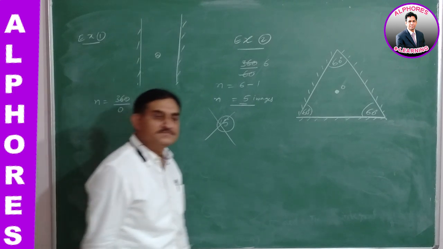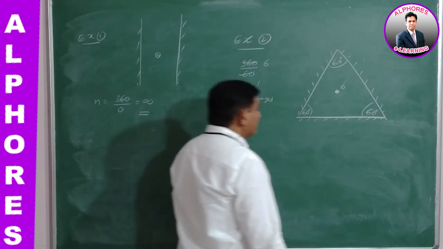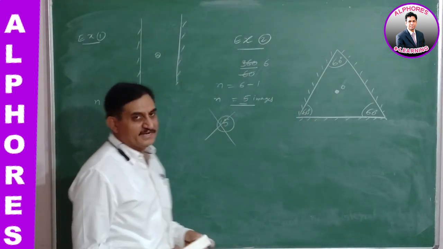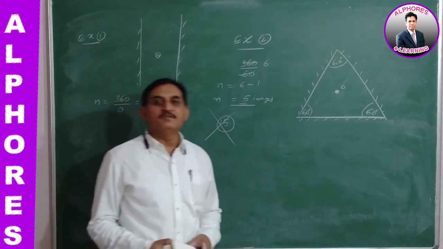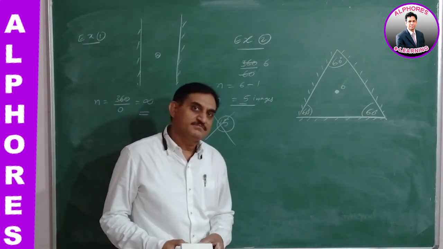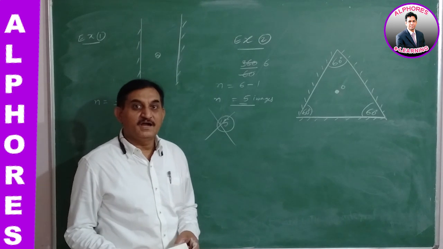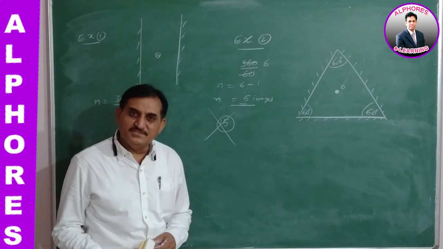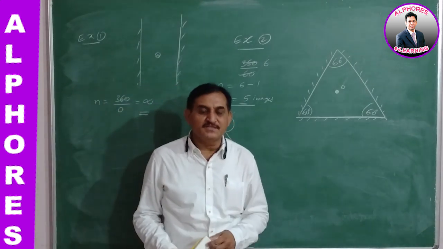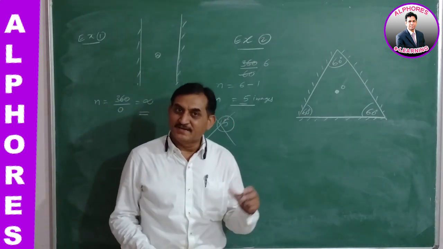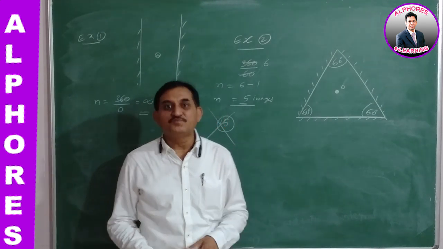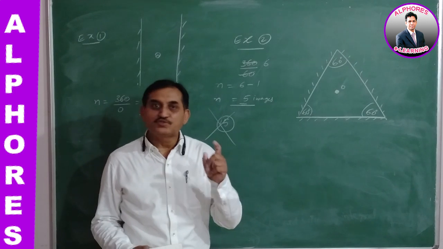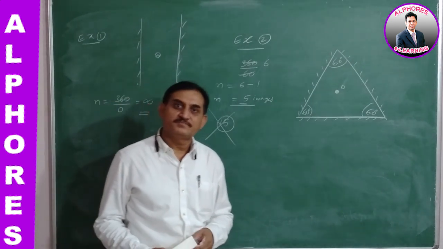Let us see. As we discussed just now, when two plane mirrors are at right angles to each other, the number of images formed will be 3, and in its ray diagram all these images including the object lie on the circumference of a circle with the point of intersection of the two plane mirrors taken as center.